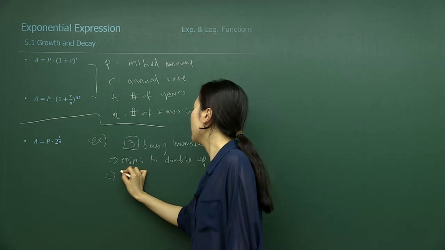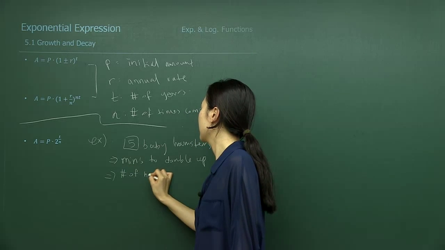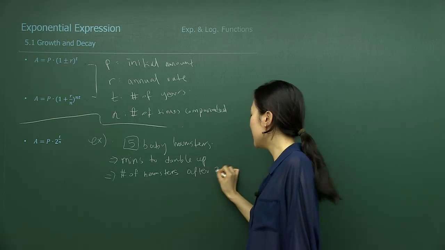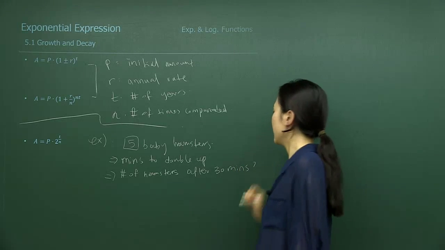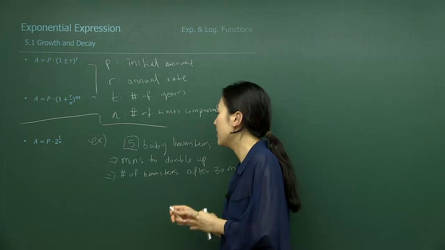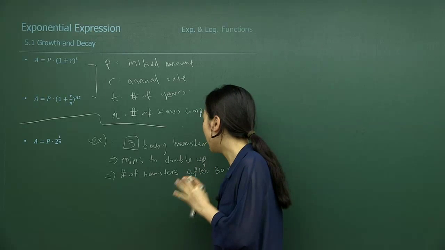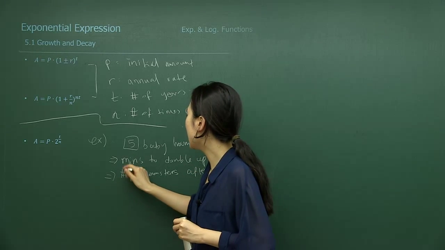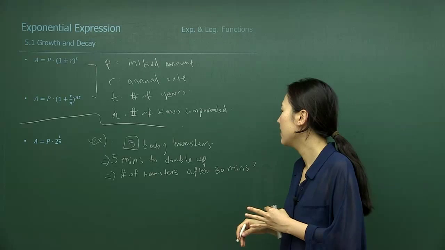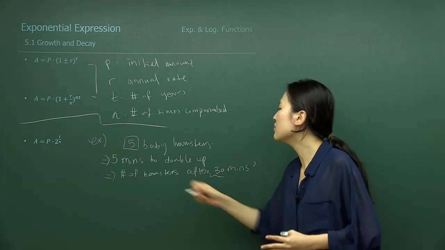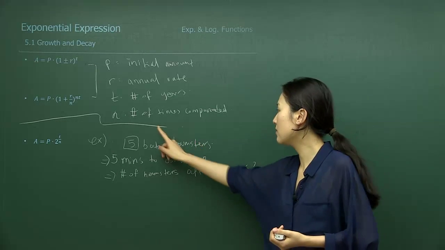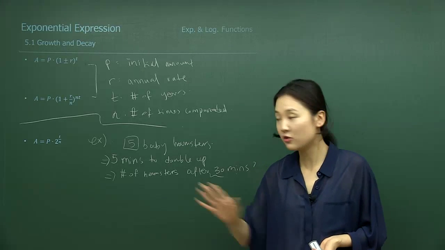So you need to figure out the number of hamsters after half an hour, 30 minutes. Okay? So technically, the number of hamsters is being doubled. And it's doubling for every 5 minutes. It takes 5 minutes for it to double up. And then you need to figure out how many hamsters there are after 30 minutes if you started off with 5. Okay, do you get the question?